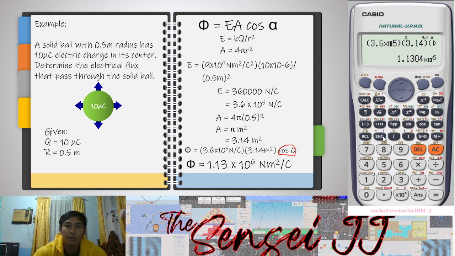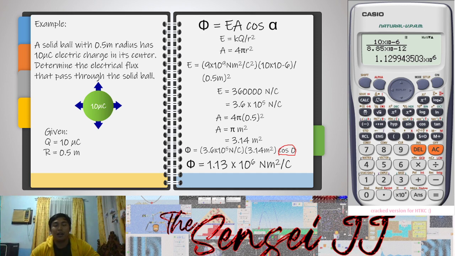We have here the answer of 1.13 times 10 raised to 6 Newton square meter per Coulomb. Both of our answers came out the same, which is 1.13. It's a little bit off, but our answer is still permissible. So this is our long method.